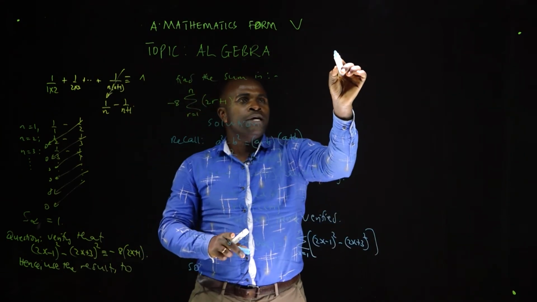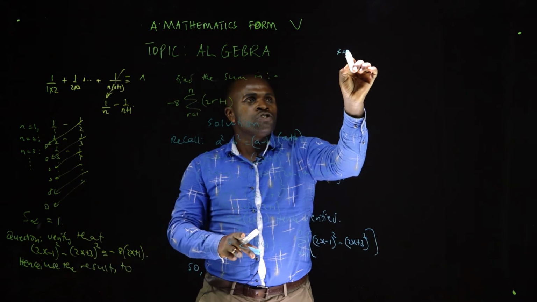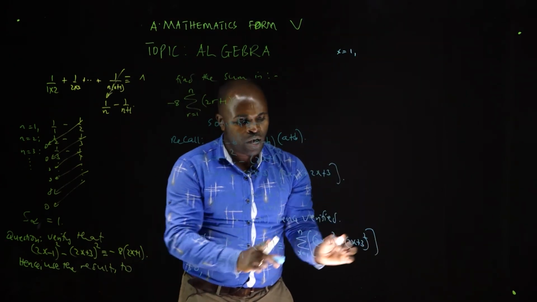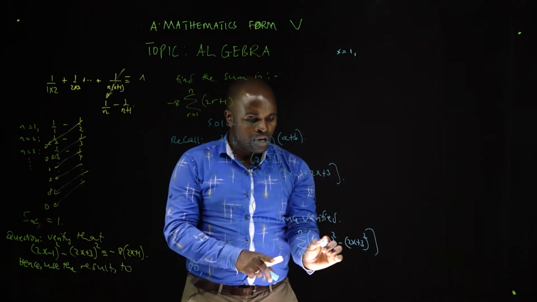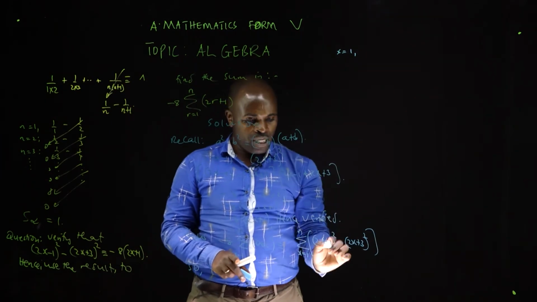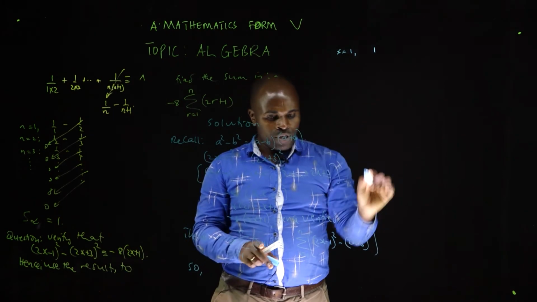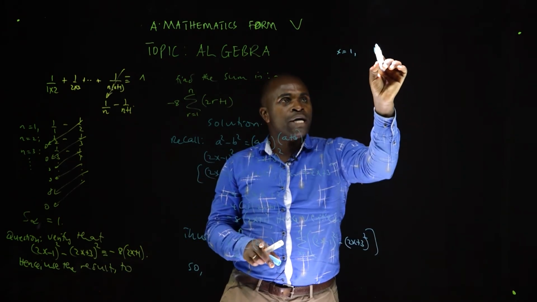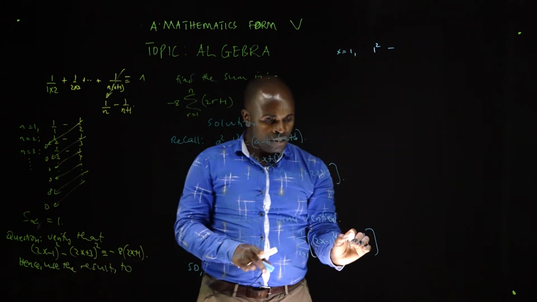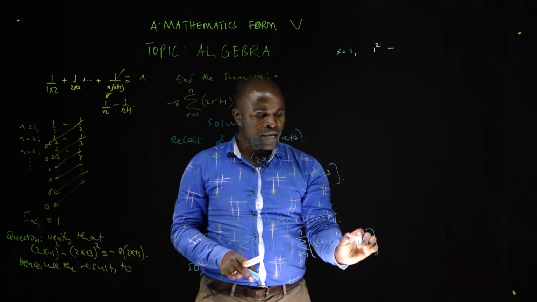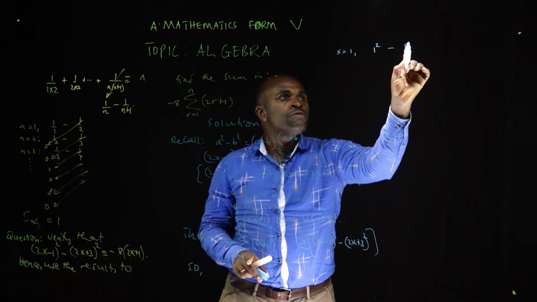When x equals 1, plugging in, it gives 1 squared minus 5 squared.